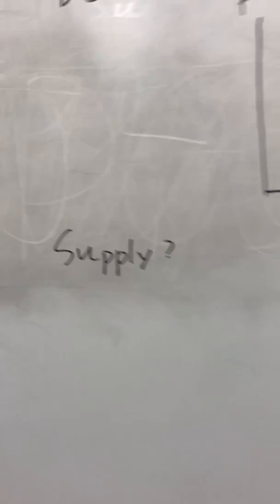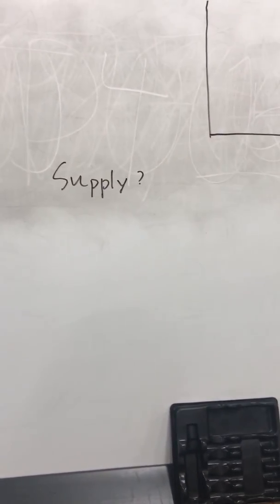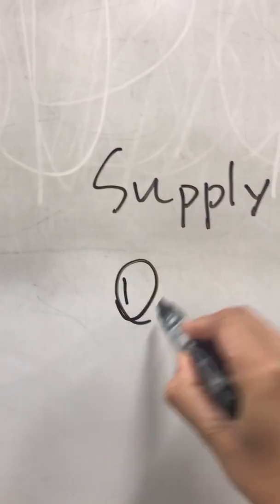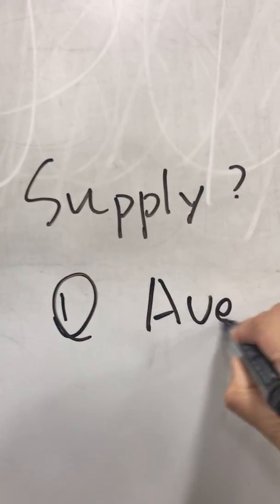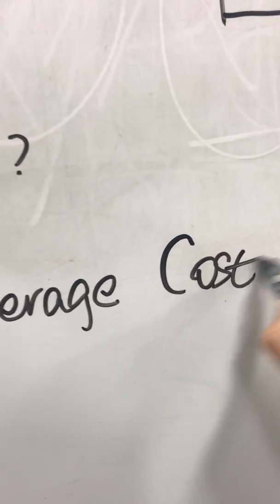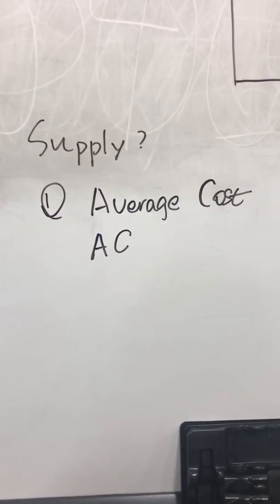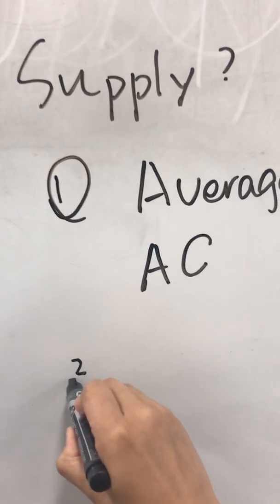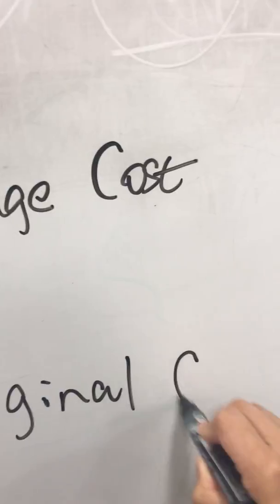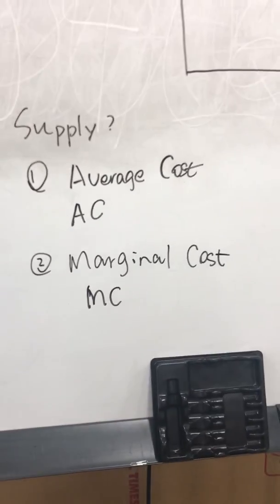So the supply side of freeway users, we are going to use 2 curves to represent. The first curve is average cost, and the second curve is marginal cost, which we call MC.